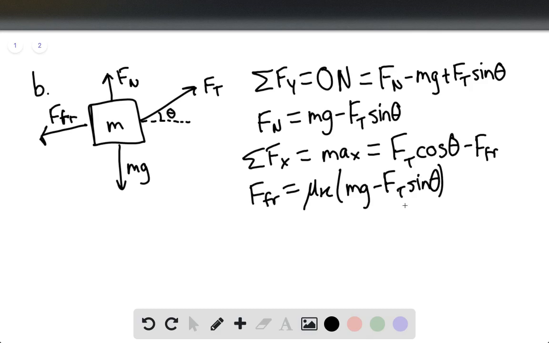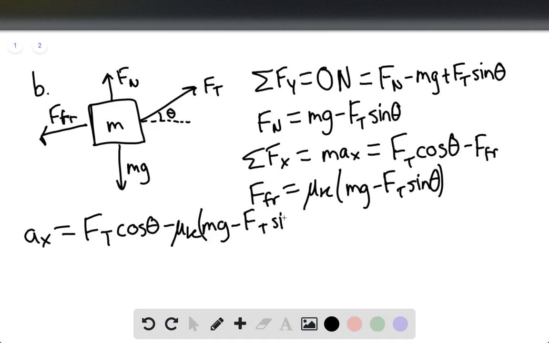And we're trying to find a sub x. So a sub x will then equal force tension cosine of theta minus mu k times mg minus force tension sine of theta, all divided by the mass.